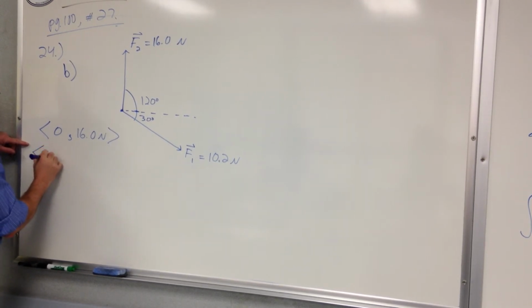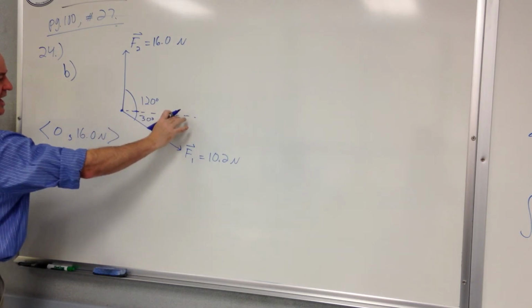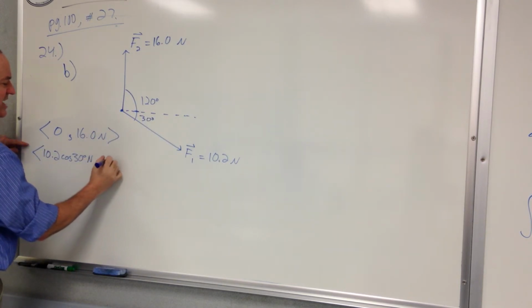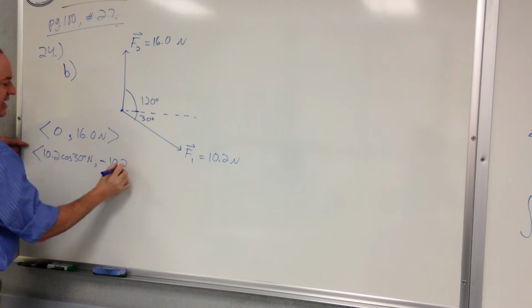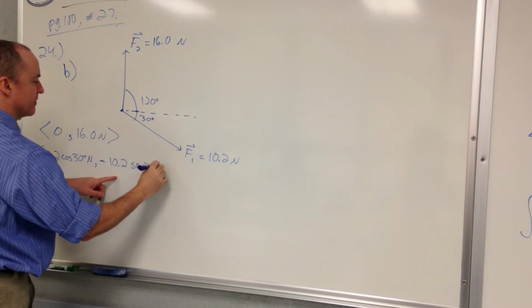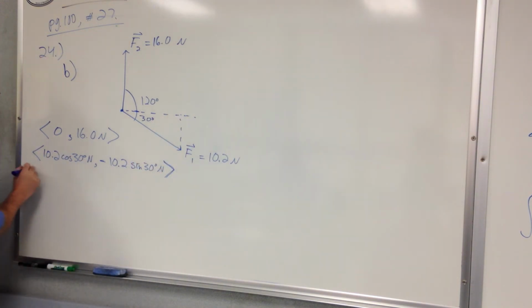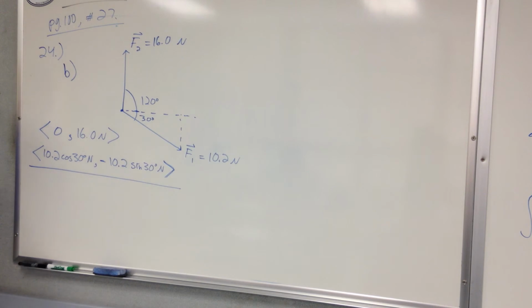It looks to me like it will be described by 10.2 cosine 30 newtons positive x, and y, negative 10.2 sine 30 newtons going down. And we add those together. Well, actually, the first one I do.